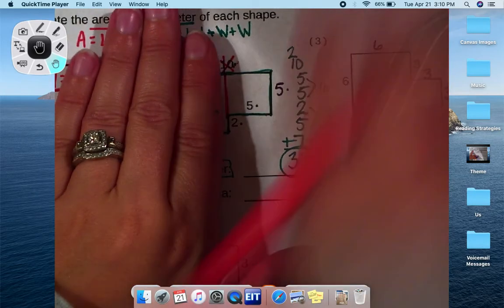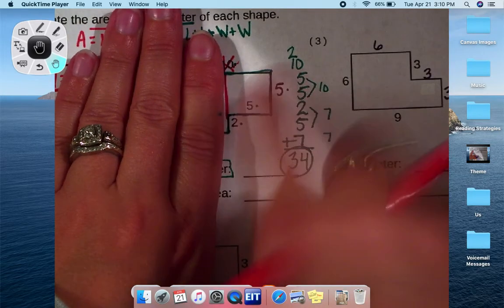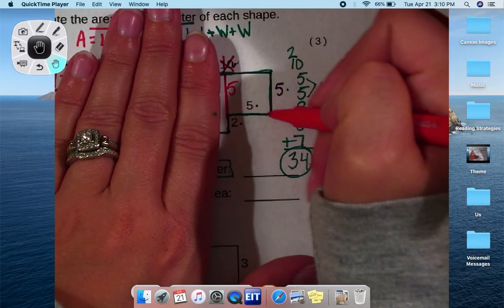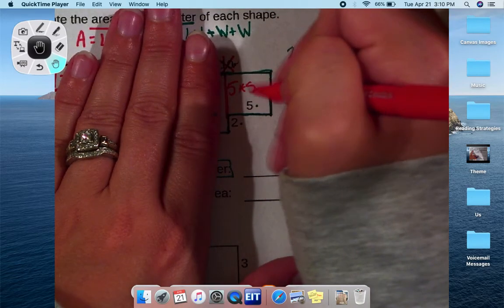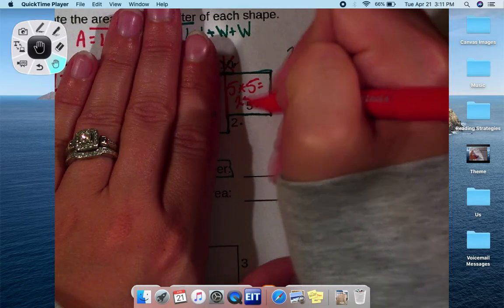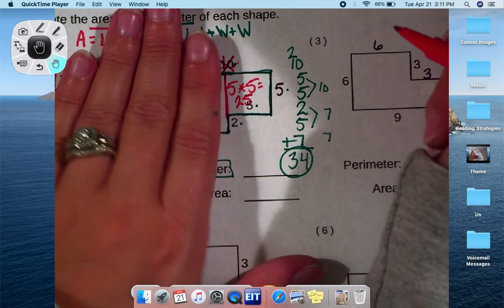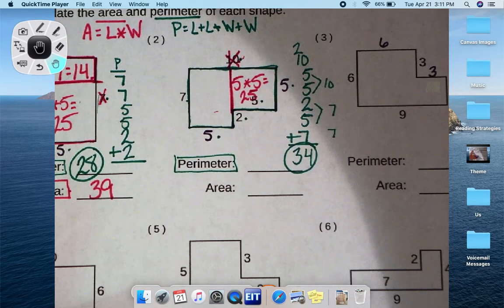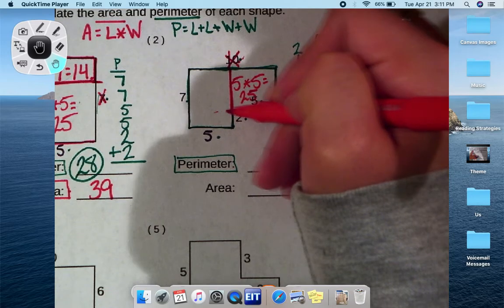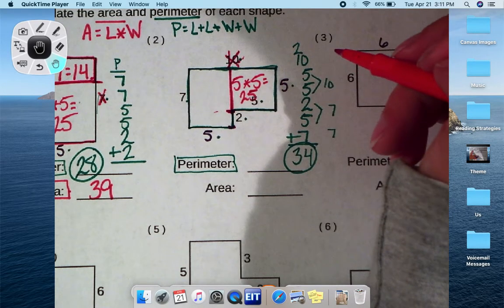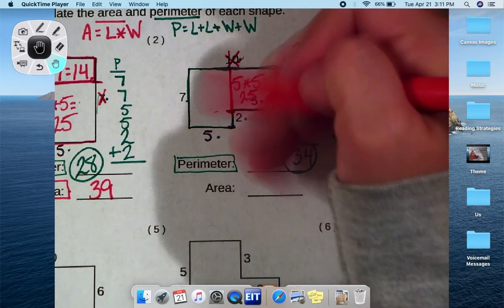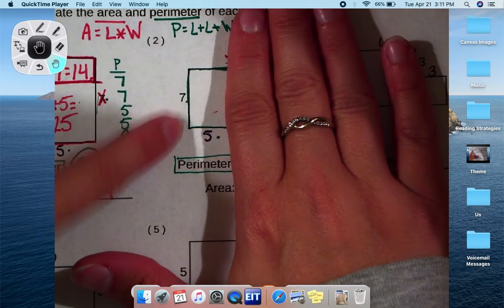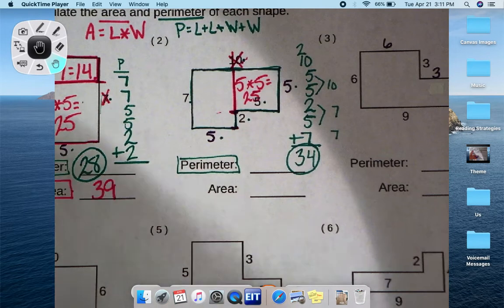So when I look at just this shape, I know this side is 5 times this side is 5. So I get 25 for the area of that square. This 2 is just for this little section. So I don't want to use the 2 to find the area of this whole shape. So looking at this rectangle, I've got a length of 7 and a width of 5.